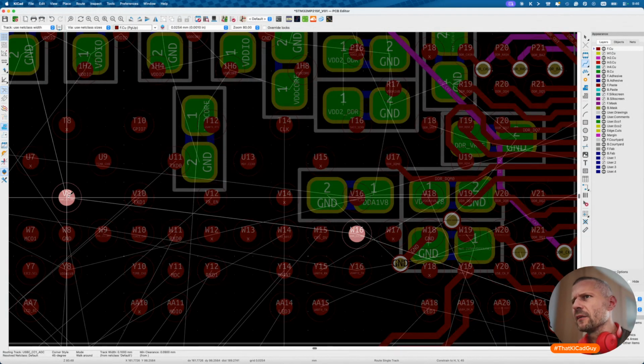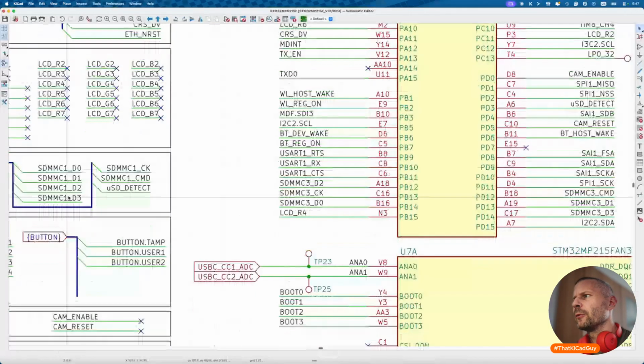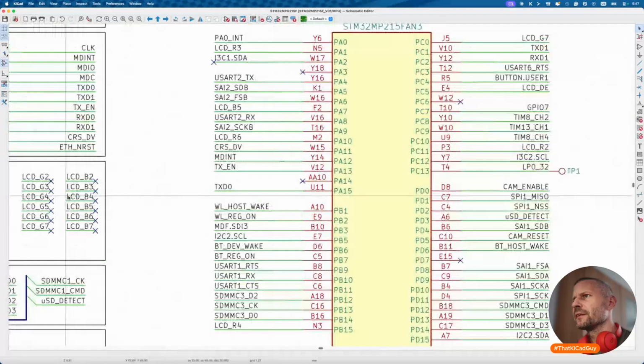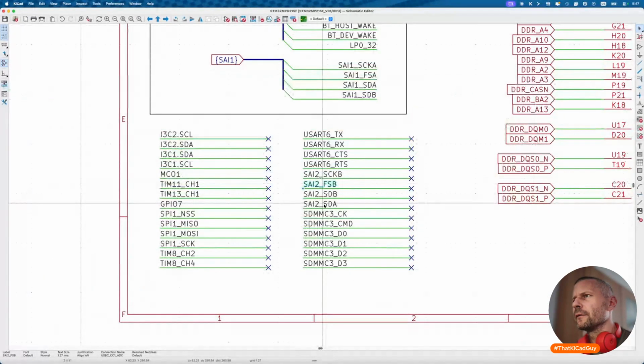So why is it going to W16? There is an error in the schematic somewhere. W16 is PA6. This signal is where? Unconnected.